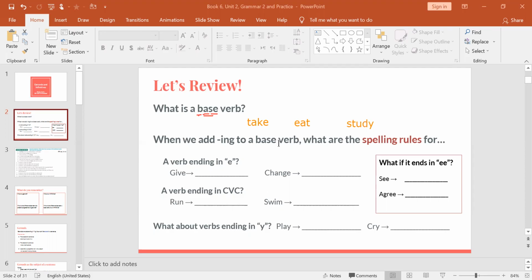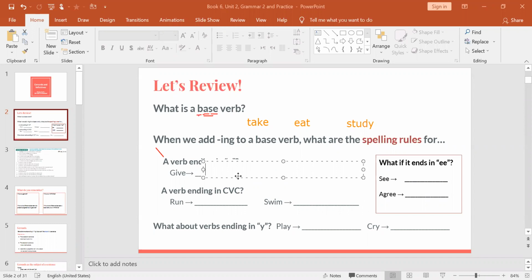Go down a little bit. Here we have verbs that end in E. What happens to them?